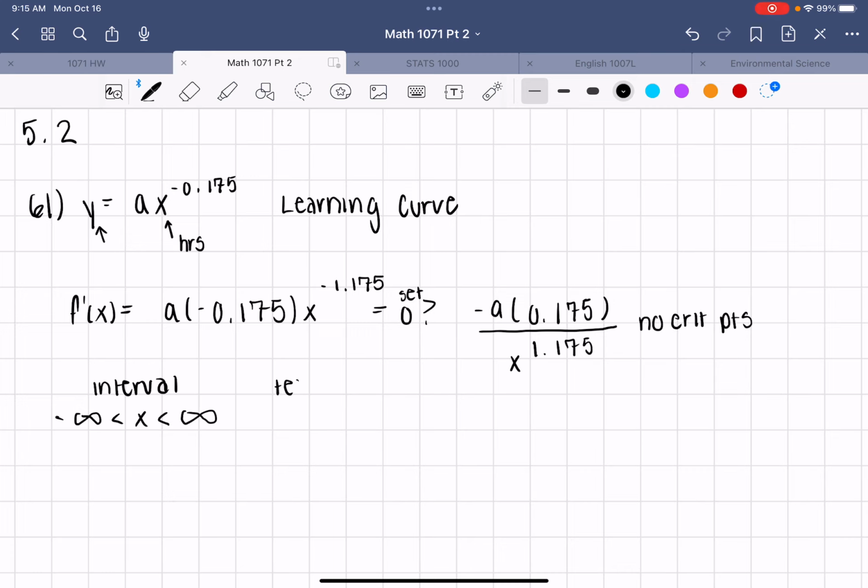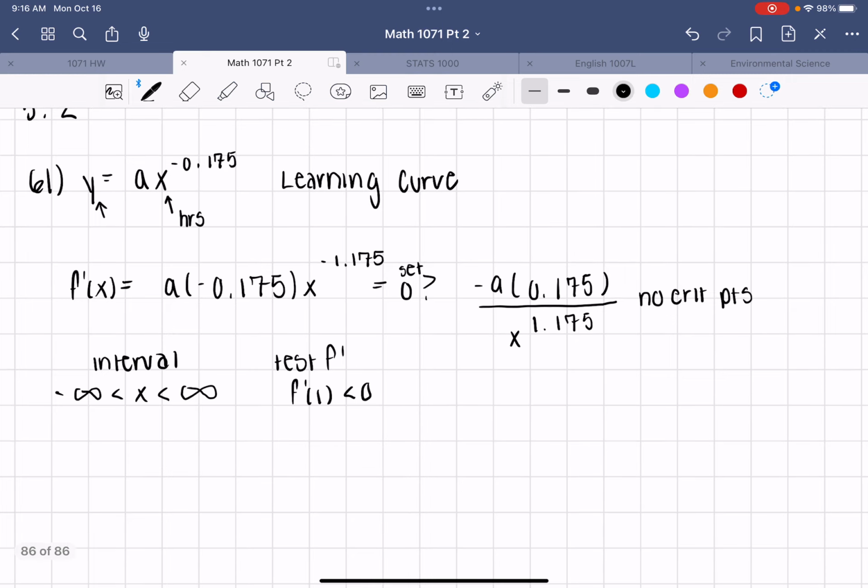Two negatives give you a positive. And x to the subtract 1 again, negative 2.175. And so notice, two negatives give you a positive. I don't care numerically what it is. I just care about its sign.